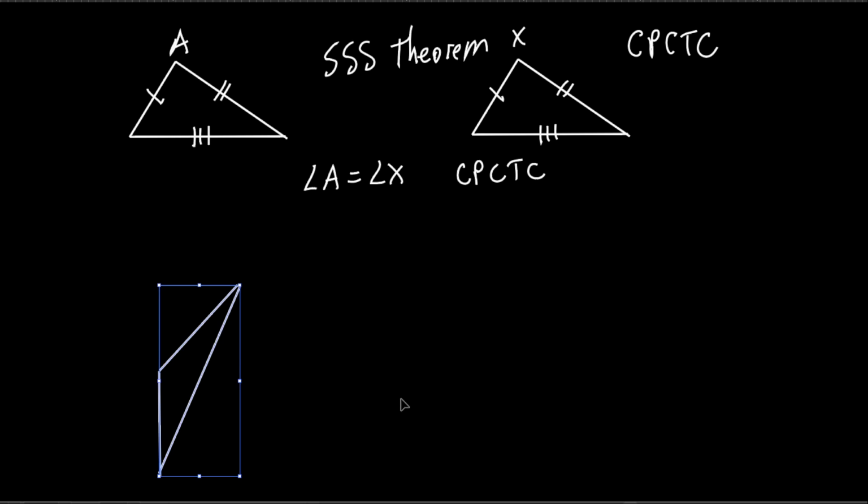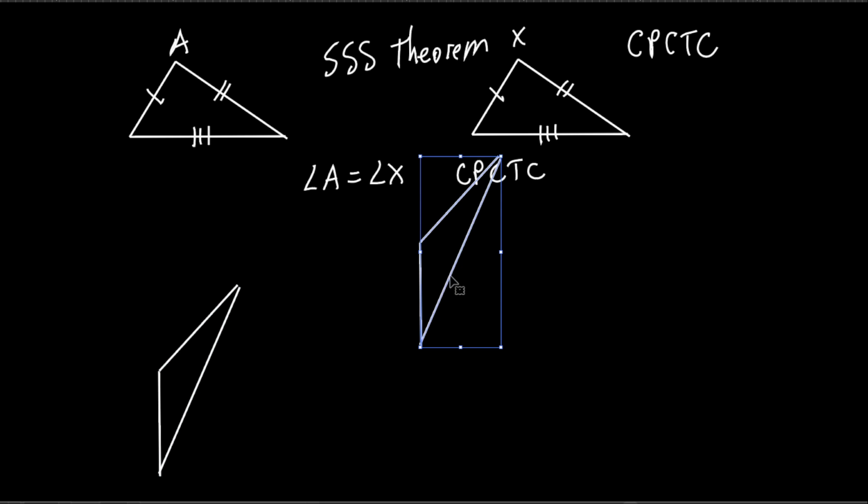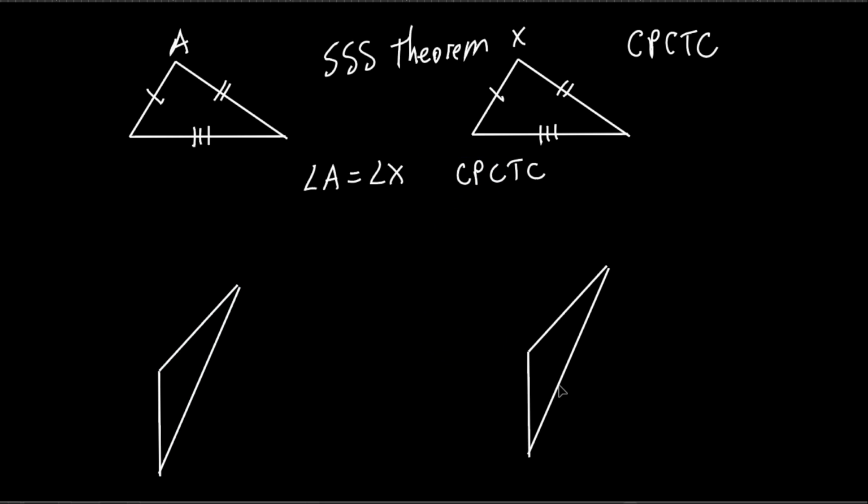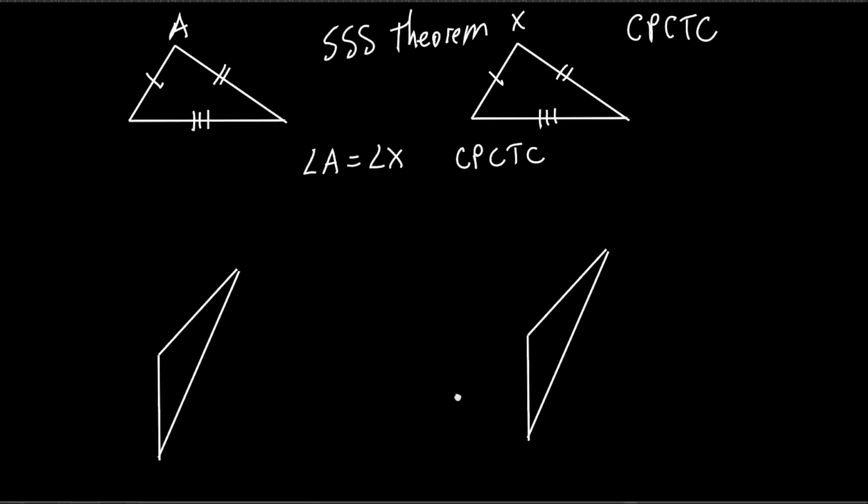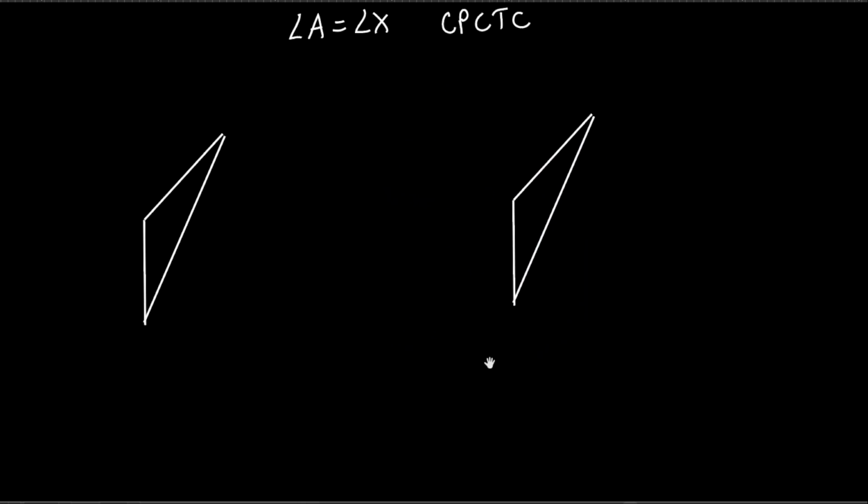All right, so again, I'm going to copy and paste this and put it right here. Now, you know that they're going to be congruent to each other, but you don't right now. Technically, you don't know because they didn't tell you anything. If they just put two triangles down and they look the same, you cannot assume that they're congruent to each other.